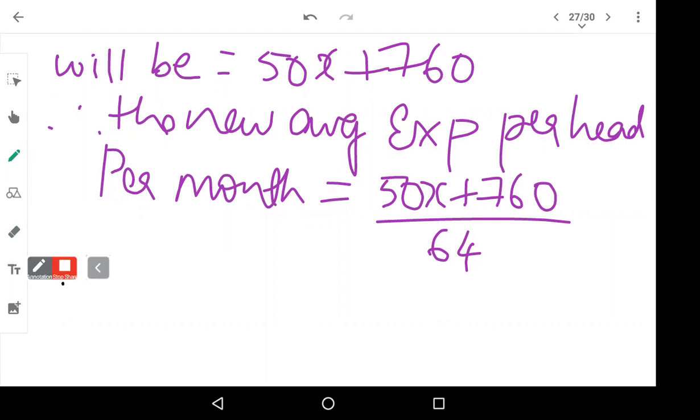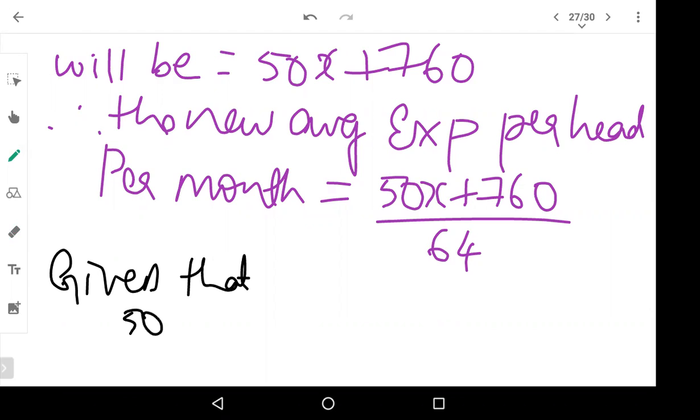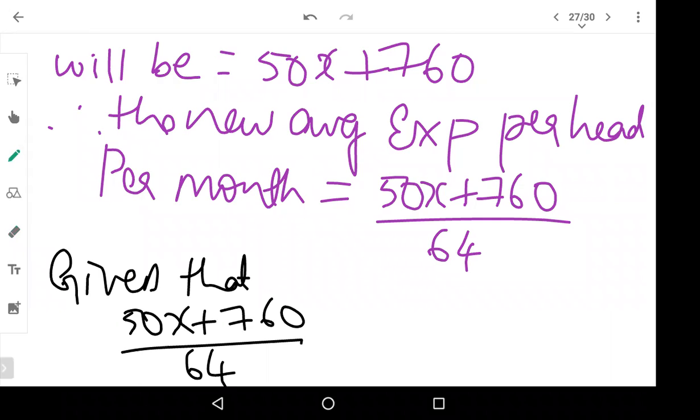Given that 50X plus 760 by 64, the expenses are increased by 760 and there are 14 new people, but the average per head is going to come down by 1 rupee.